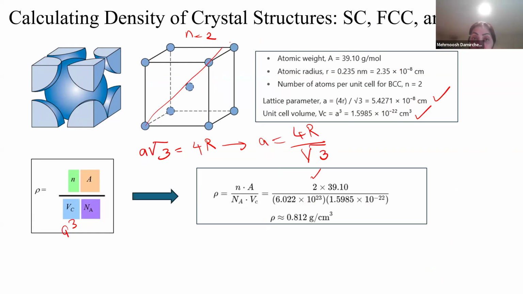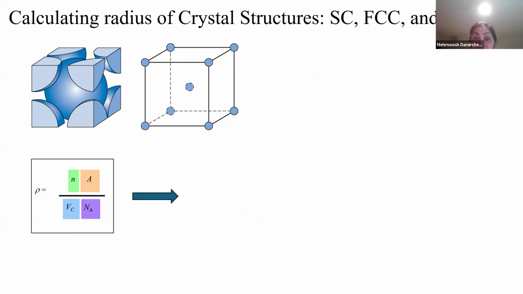Okay, and the last slide means finding the radius if we know the density and atomic weight. If you remember, again, I explained A root 3 is 4R, the more packed direction, which is the diagonal of the cell.